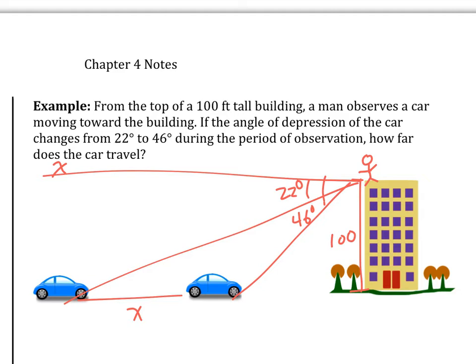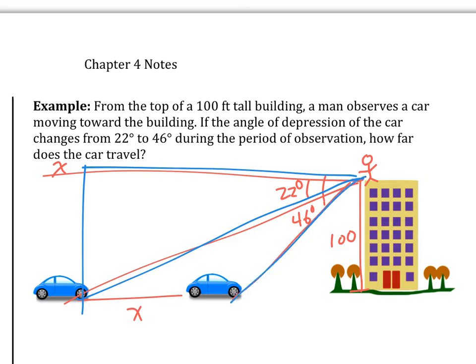Okay, so we want to find x, which is going to be a little bit tricky. So what we want to do is utilize a different triangle. We know that this part is a triangle. And then we can also use, I'm going to draw this correctly. Actually, I think I'm not drawing this correctly.